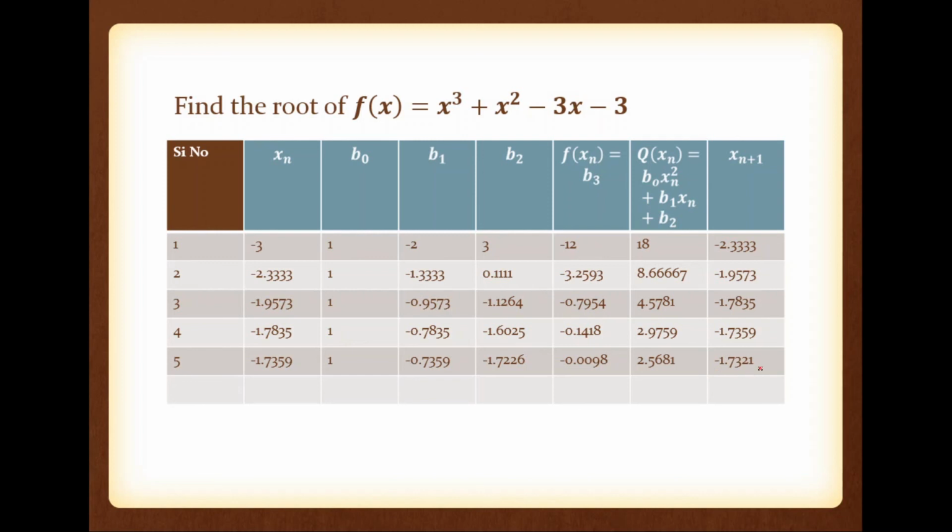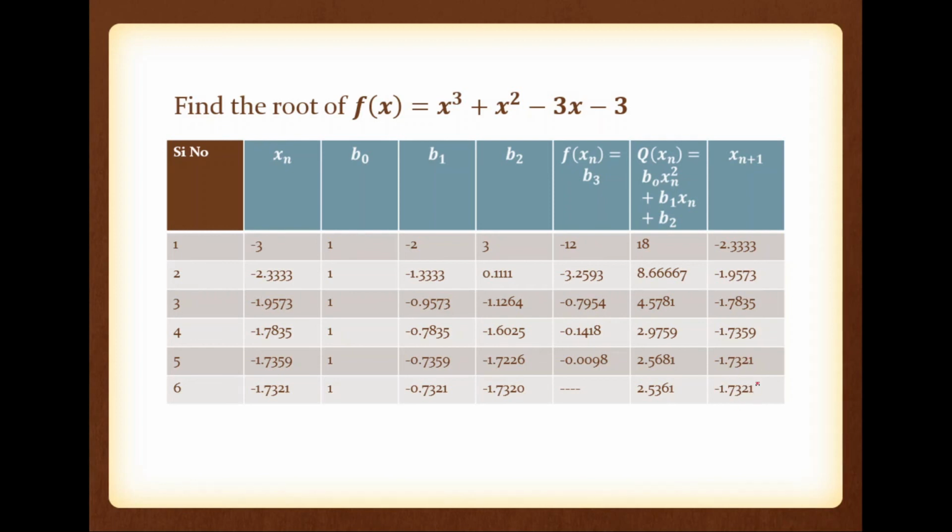Now by using this value, we can do the next iteration. So this is B0, this is B1, this is B2, and this is negligible now. That is why it is a dotted line. Negligible means 0, if you are using 4 significant digits. Now if it is 0, there is no need to find this one. Again, this Q of X0 is 2.5361, and this is the same value.